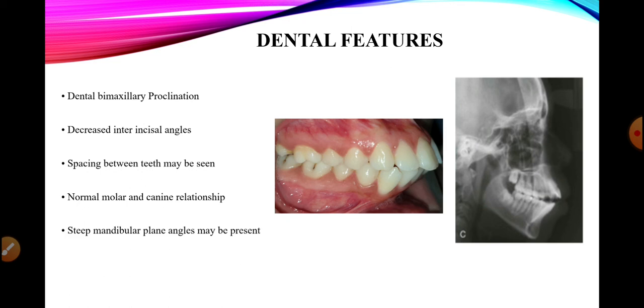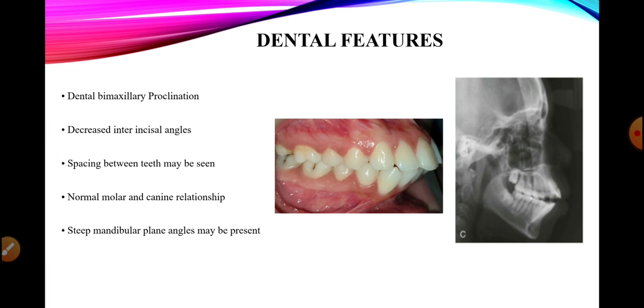If we are classifying according to molar, then the molars are definitely class 1, or the incisors are definitely class 1. Because of the proclination of the upper and the lower incisors, the interincisal angle, that is the angle between the upper and the lower incisor, is decreased in cases of bimaxillary proclination. And because of this proclination, spacing may be seen in the arch.